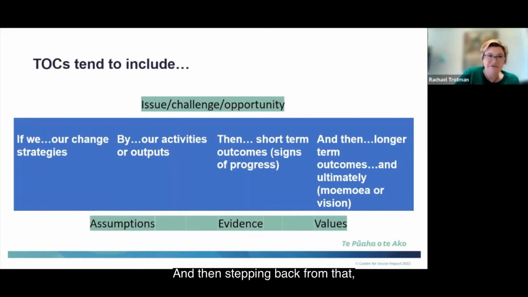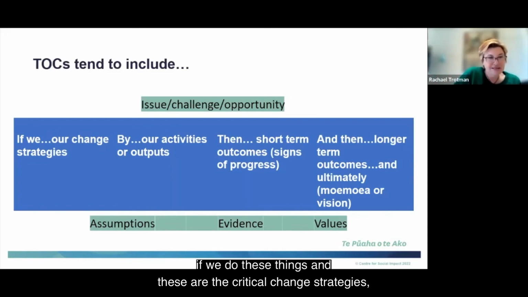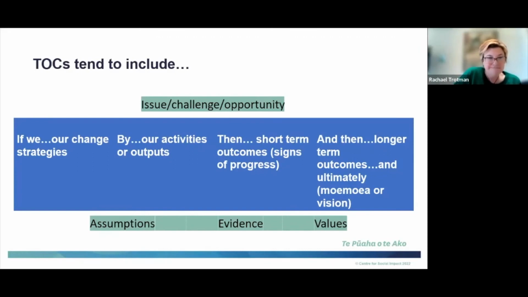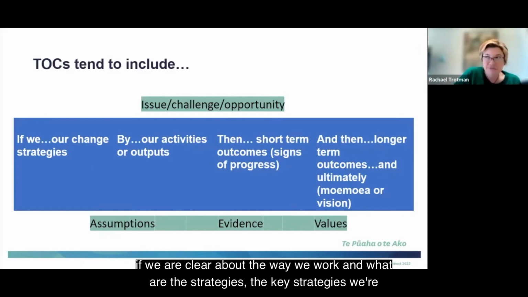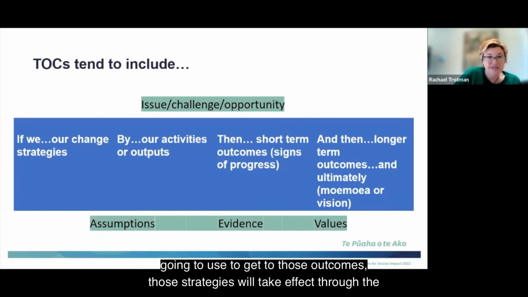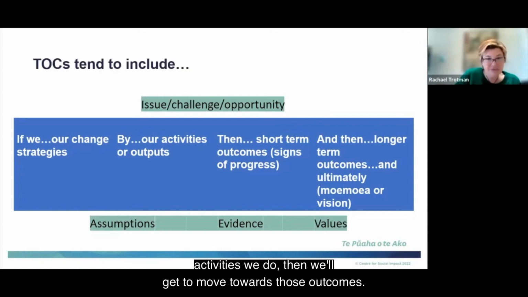And then stepping back from that, if we do these things, and these are the critical change strategies, if we are clear about the way we work and the key strategies we're going to use to get to those outcomes, those strategies will take effect through the activities we do, then we'll move towards those outcomes.